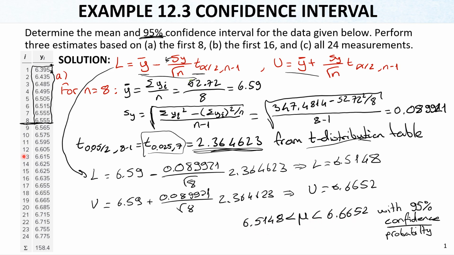And if you remember, the true mean actually is about 6.6, so it actually is between these. So we did this for n equals 8.